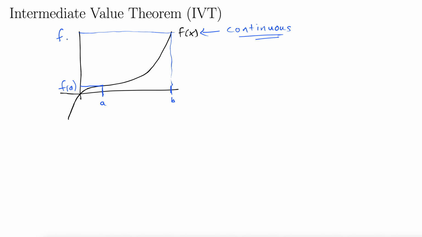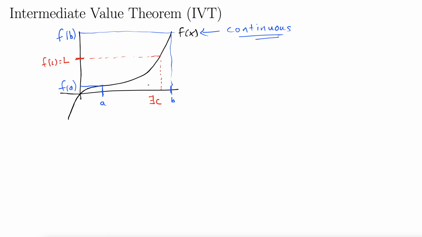Okay, so here's f of B. So what the intermediate value theorem tells us is we can take any point L on the y-axis between f of A and f of B and follow it back over here, and the intermediate value theorem guarantees us that there exists, that's what this backward E thing means, some C between A and B such that f of C will give us that L. Okay, so this C down here between A and B is what the intermediate value theorem guarantees us.